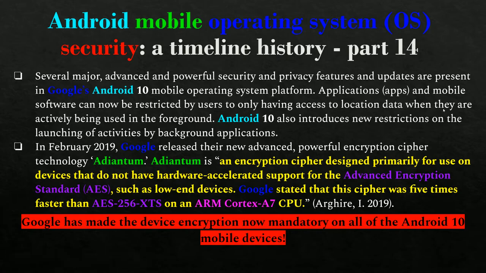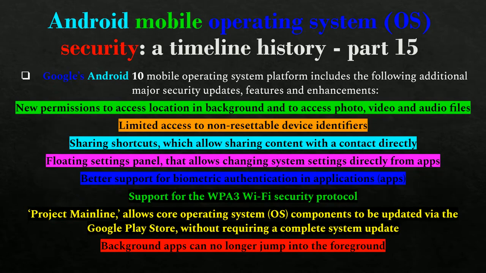The technology is Adiantum, which is one of the encryption ciphers they were using, designed for devices that don't have hardware accelerated support for AES, such as low-end devices. So you can go forward. That's why I wrote this as an additional major security feature, including Adiantum.